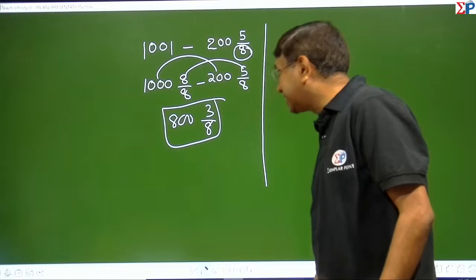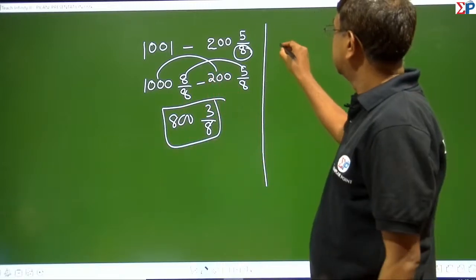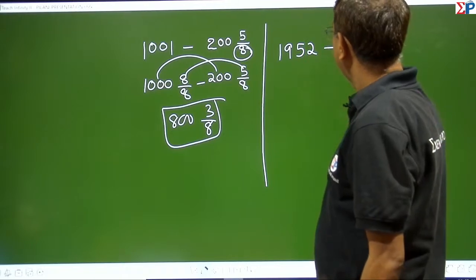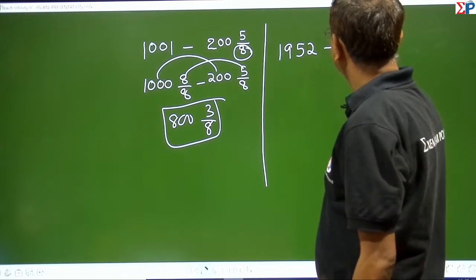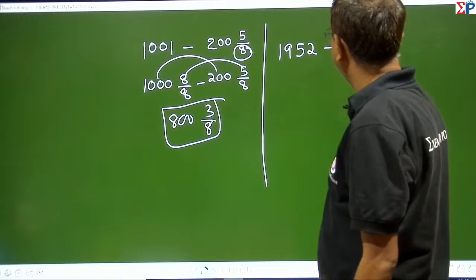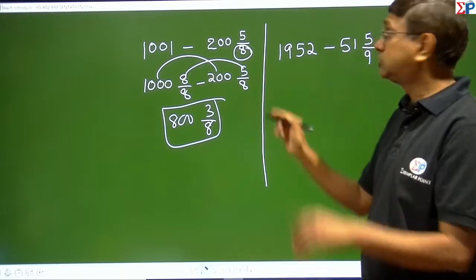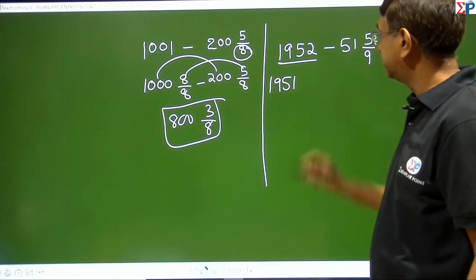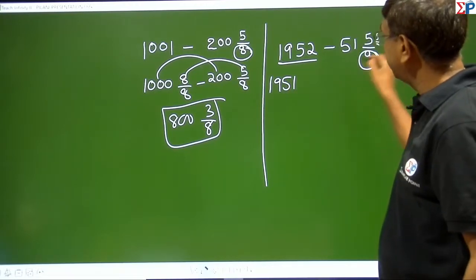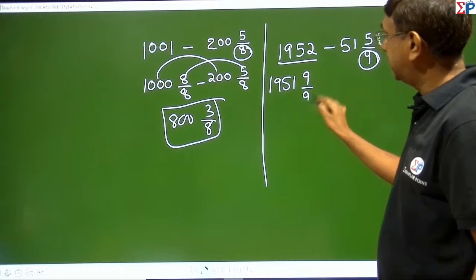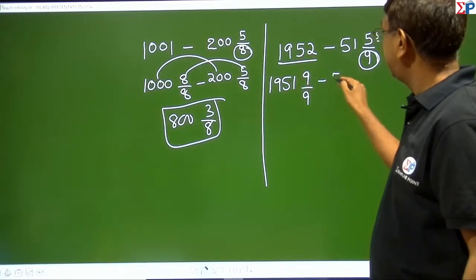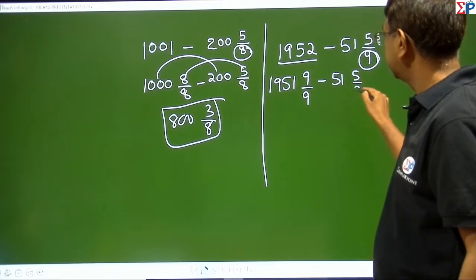Okay. So one last example I'll give this. 19532 minus 51 say 5/9. So the rule is जो भी नंबर होता है यहां एक कम करके लिखो. So 1951 लिख दो. सेकेंड इज जो फ्रैक्शन में आता है सेम बाई सेम, बस ये करना है. -51 as it is 5/9.